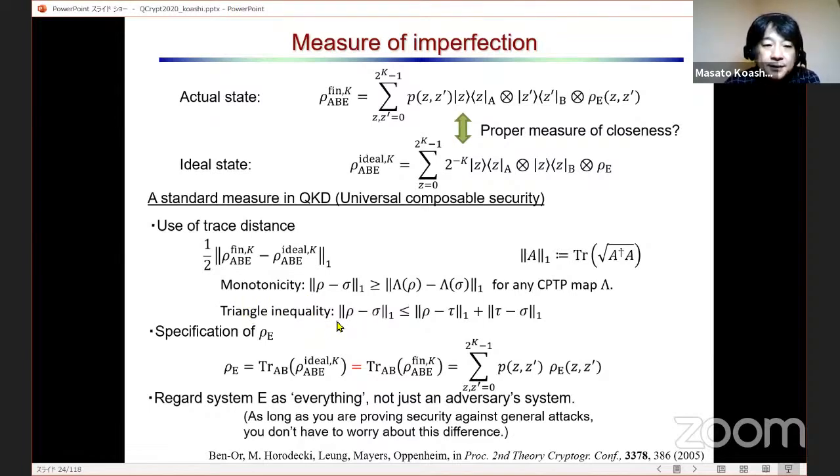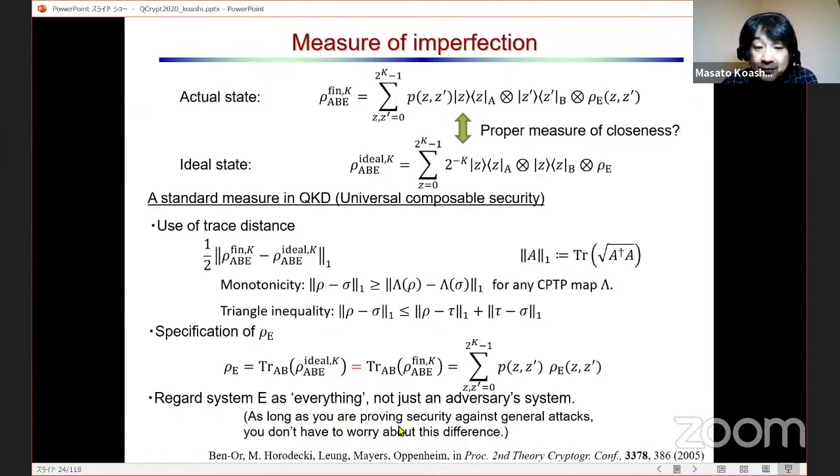And we specify the ideal state to be the same as the real state here, so this equality holds. So always compare the ideal state with this state equal to this one. And the third one is kind of academic, but regard system E to be not just an adversarial system, but regard E as everything, every world.